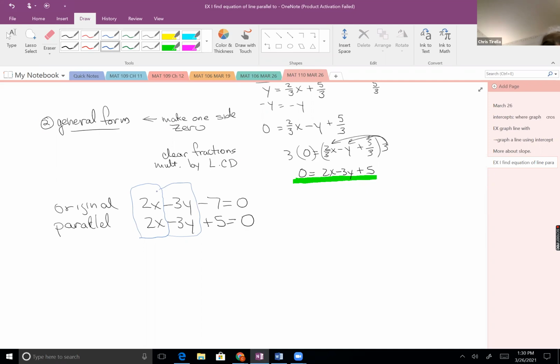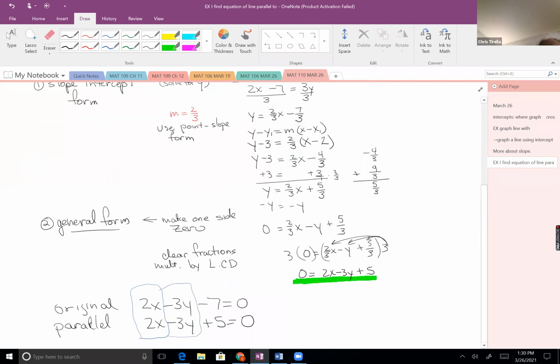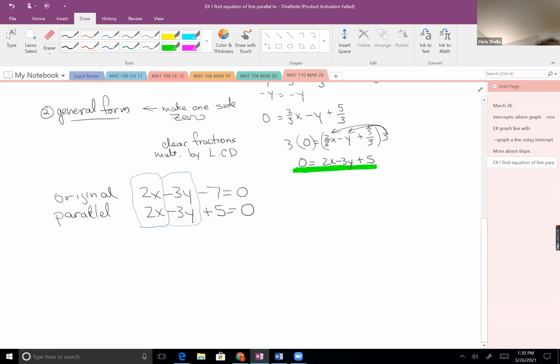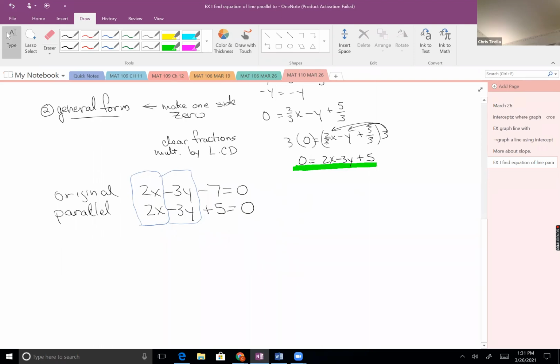And that makes sense because when I had that original line, when I tried to find the slope, when I solved for y, didn't the slope involve the x and y coefficients? And so that gives me another way of finding a parallel line. But be careful, this method only works if you're in general form.